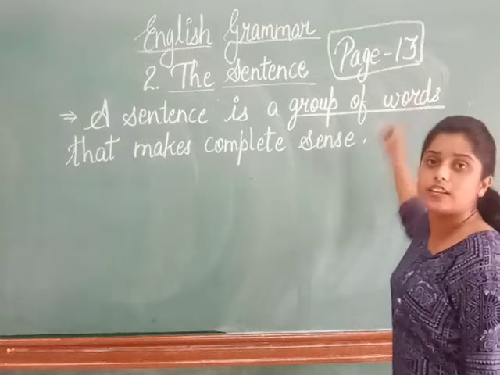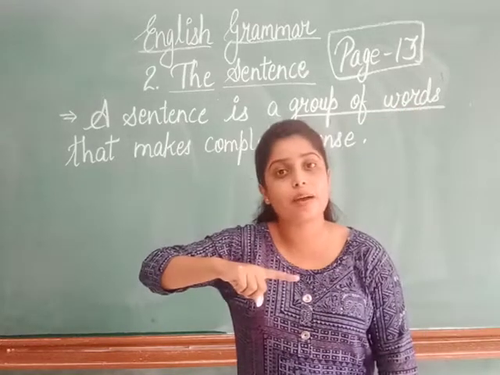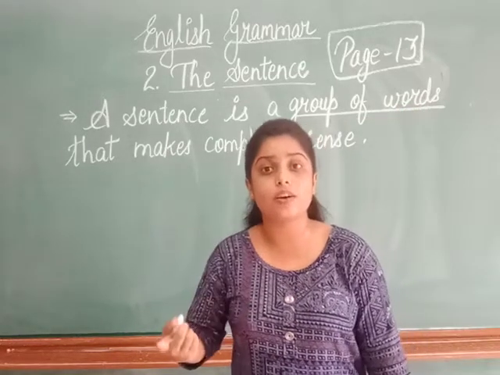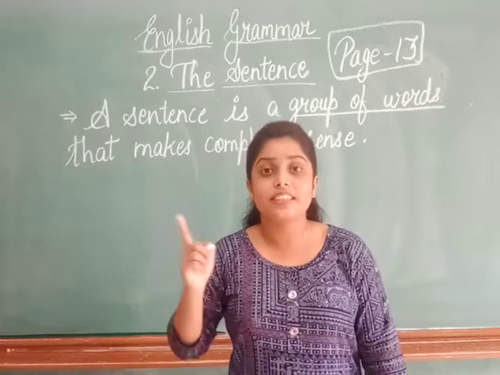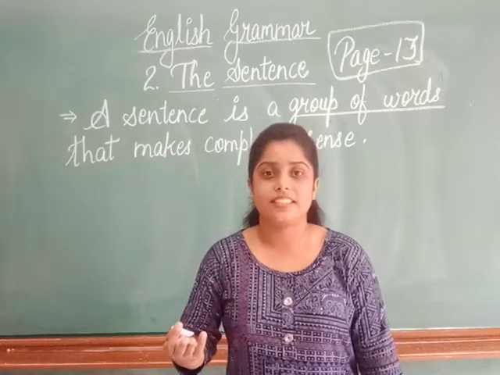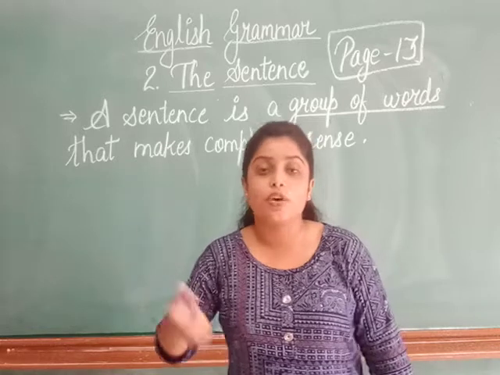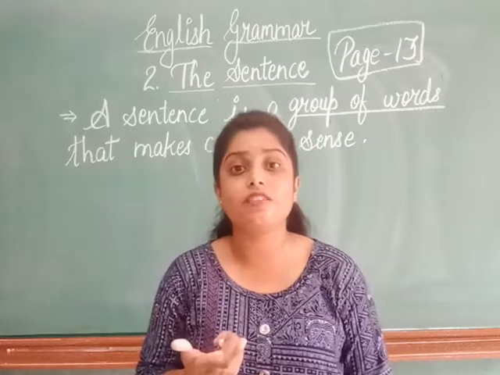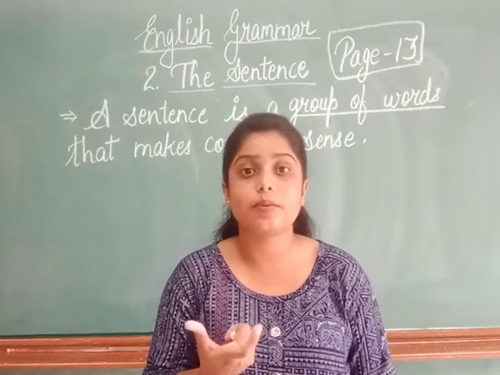Now what are words? In the previous chapter we studied what words are. Words are a group of letters. Words क्या है? एक word क्या होता है? कैसे बनता है?